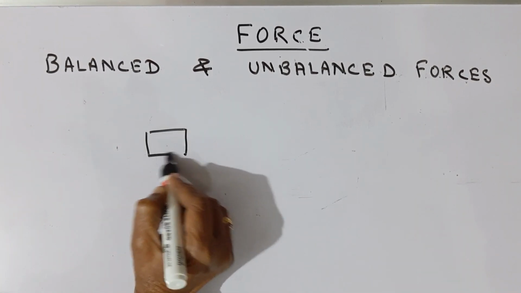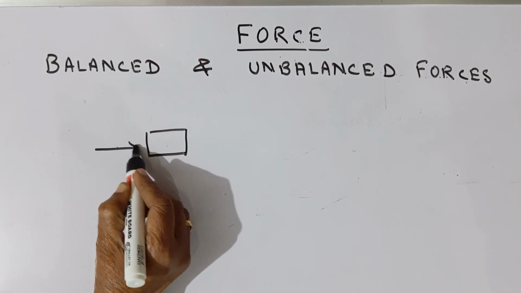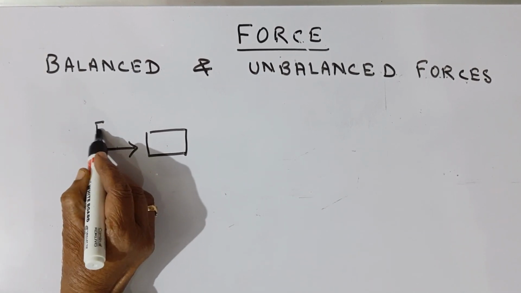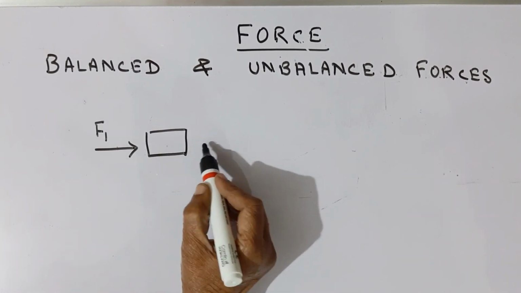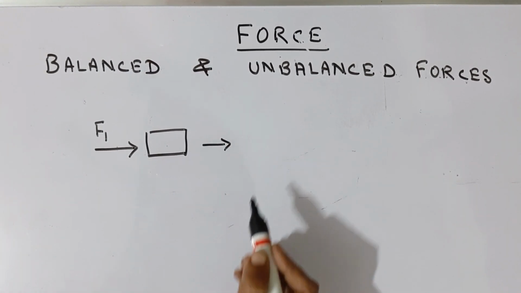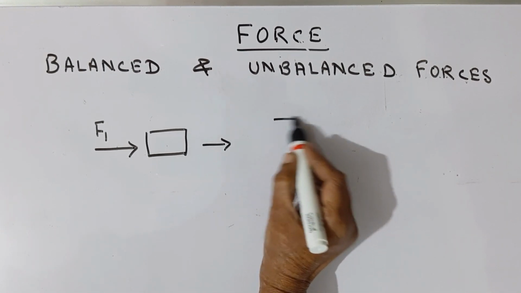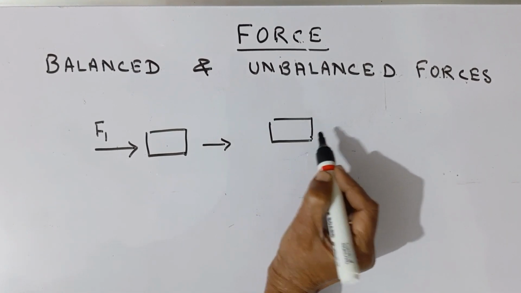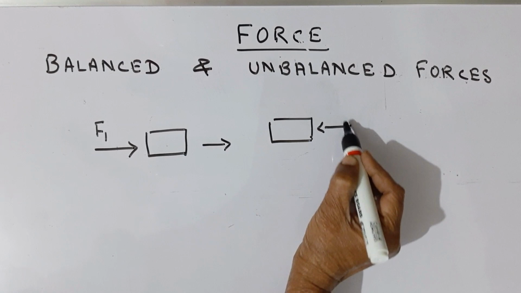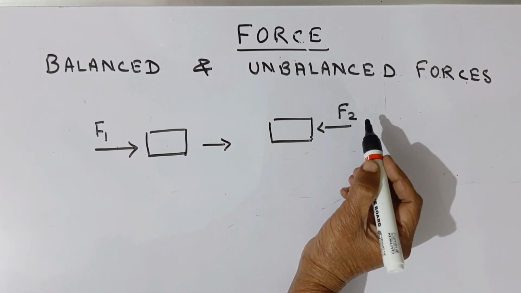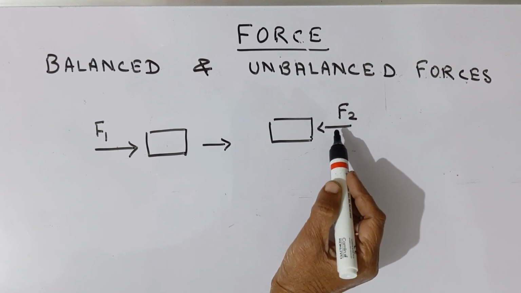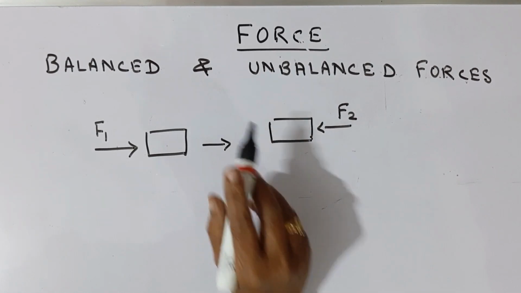Suppose here is an object and a force, say F1, acts from this left direction. Then the object will move towards right. Now suppose there is a force acting from right, and that is F2. What will happen? The object will move towards left.